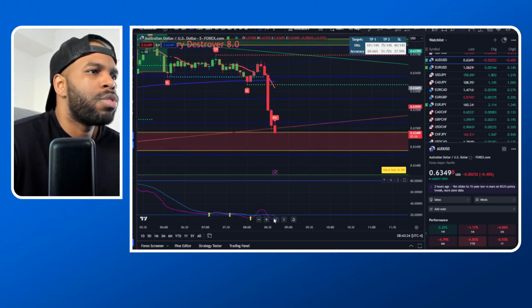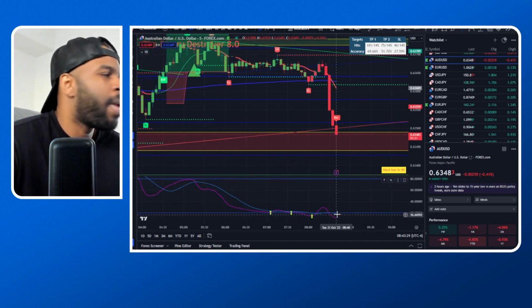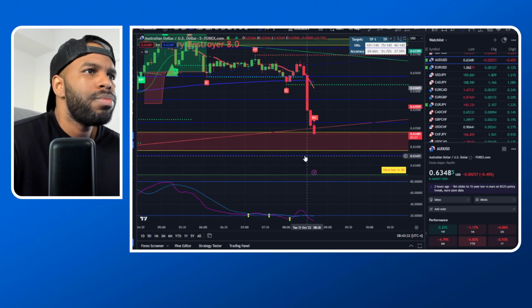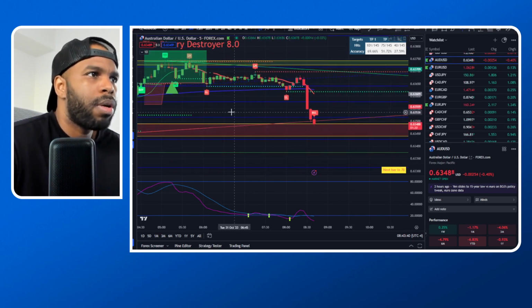Price is oversold. As you can see, it's oversold on the MACD. The MACD is showing me oversold.